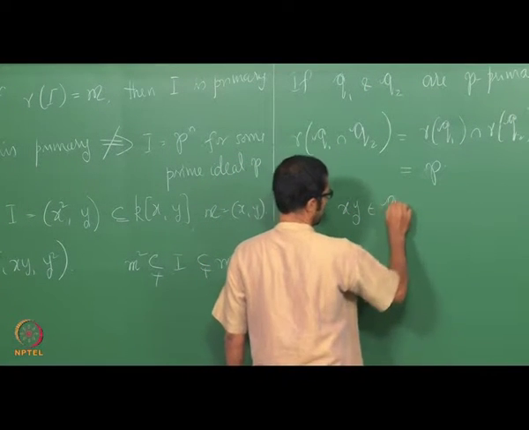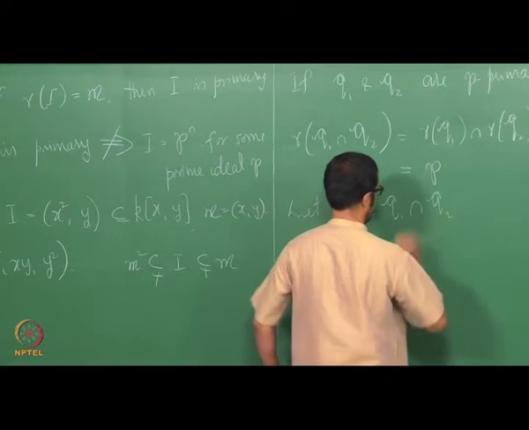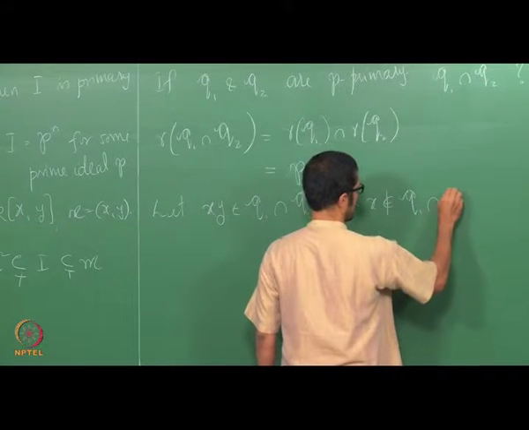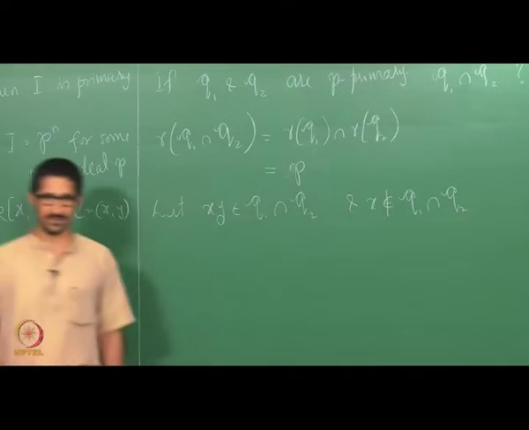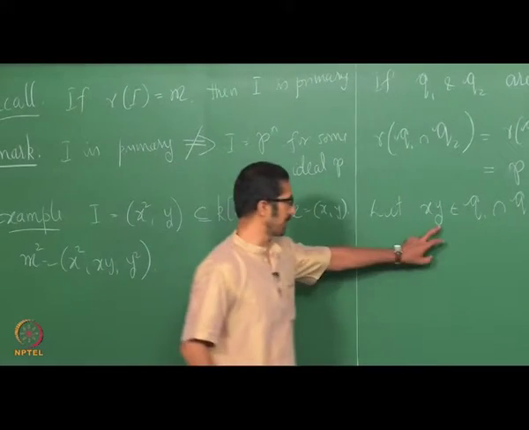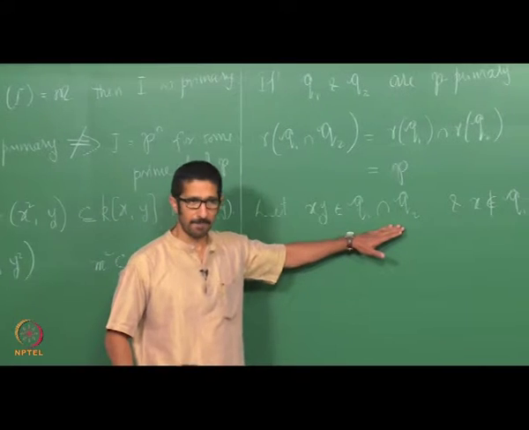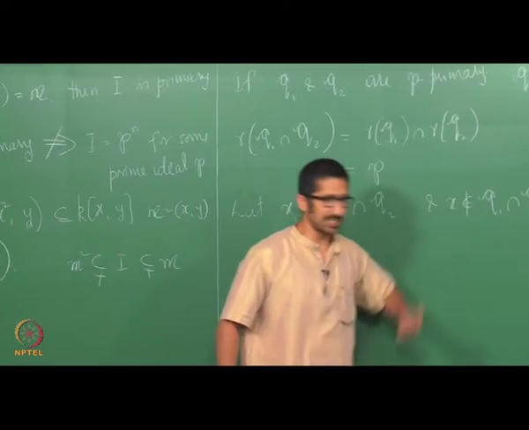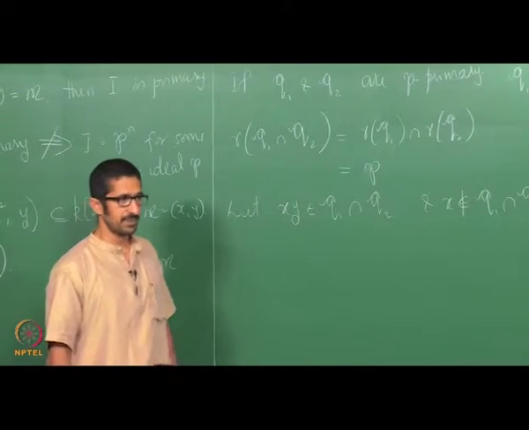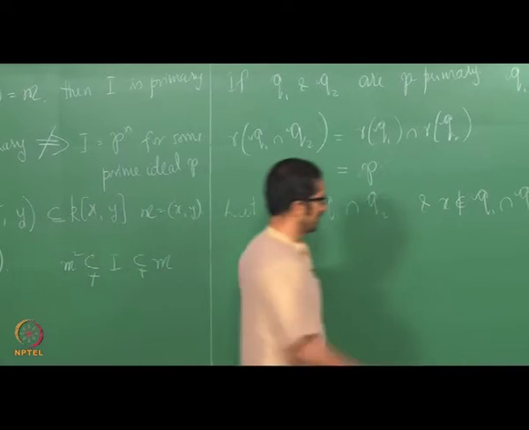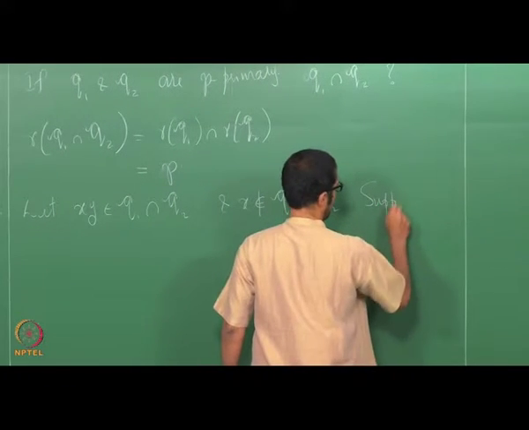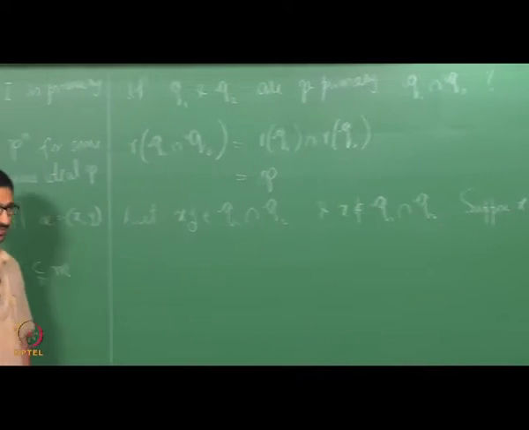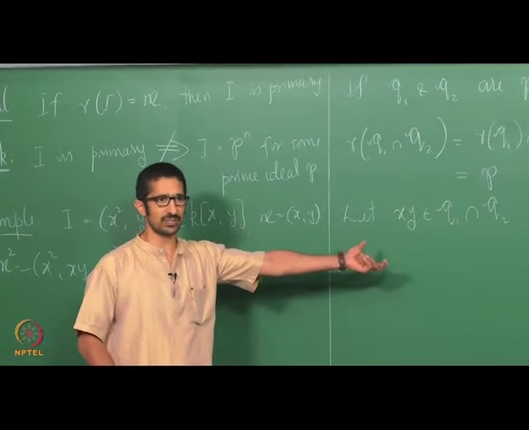Let's verify whether, if xy is in q1 intersection q2 and x is not in q1 intersection q2, some power of y belongs to the intersection. Now x is not here implies x is not in either q1 or q2. x is not in the intersection means that x is not in one of them.